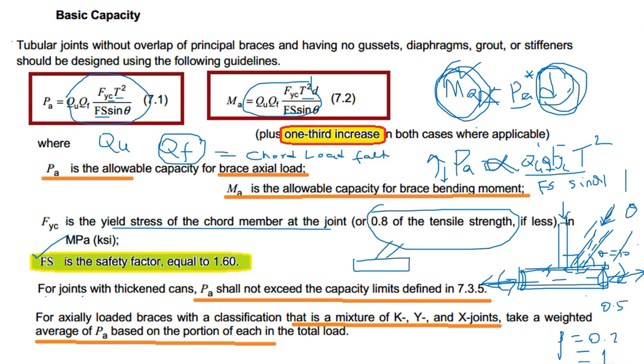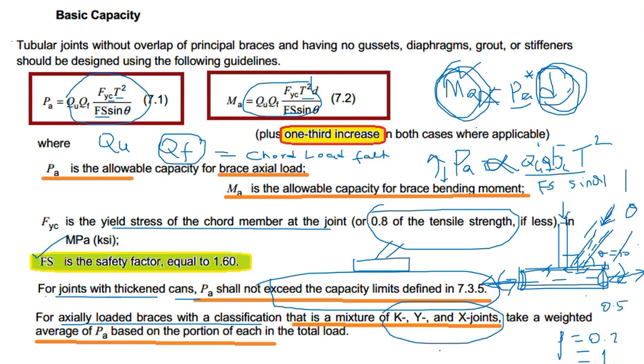And next, if you see here, for joints with thickened cans, PA shall not exceed the capacity limitations as defined in 7.35. This we will see in the next slides. What do we mean by joints with thickened cans? Thickened cans means we will have some higher thickness at this location. And for an axially loaded brace with a classification that is a mixture of K, Y, X joints, take a weighted average of PA based on the portion of each in the total load.